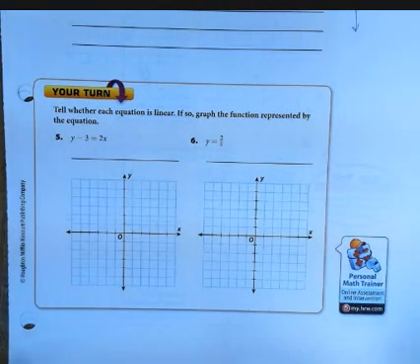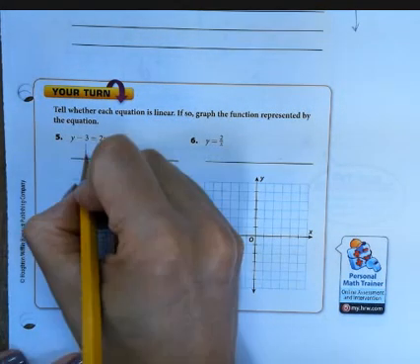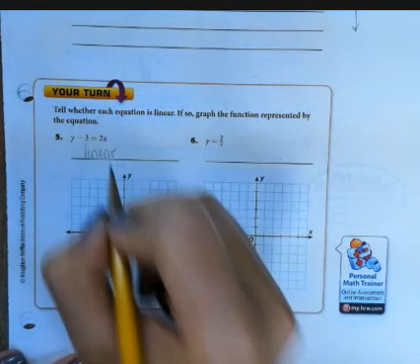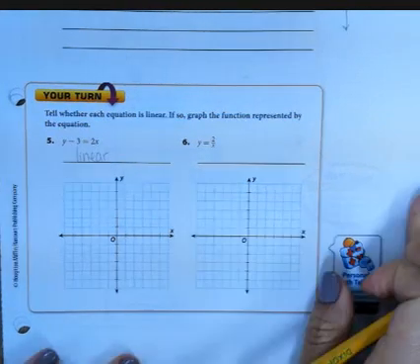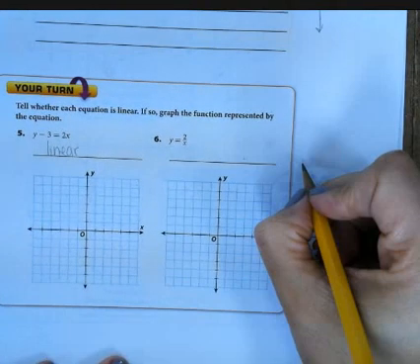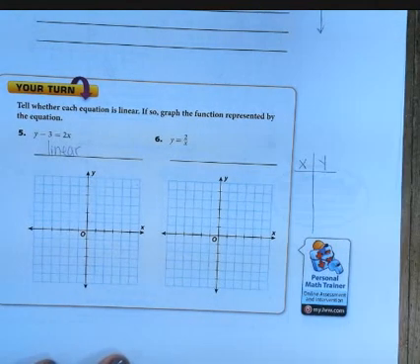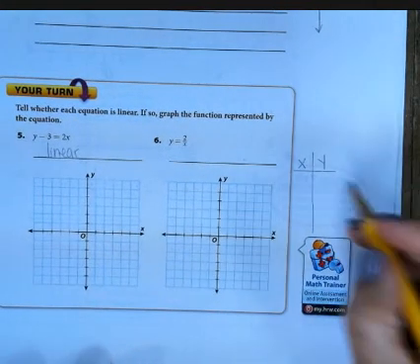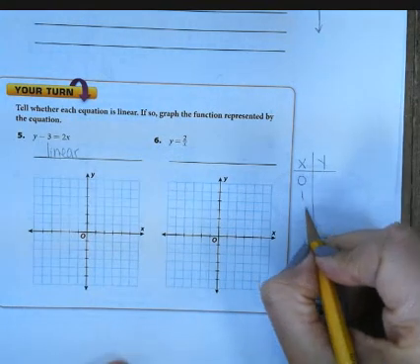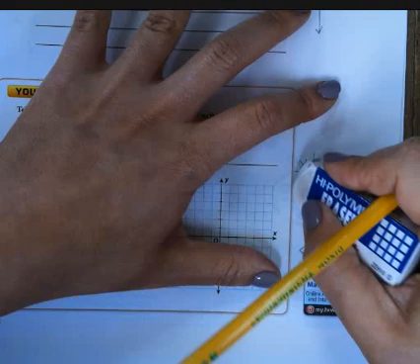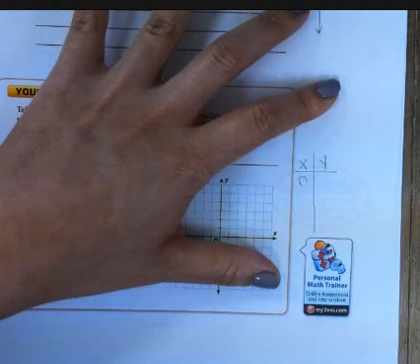Now we're going to create an x and y table just to confirm. You guys have done this before, where you create values for x. Let's do negative 1, 0, and 1, so that way we have 0, a negative 1, and a positive 1.